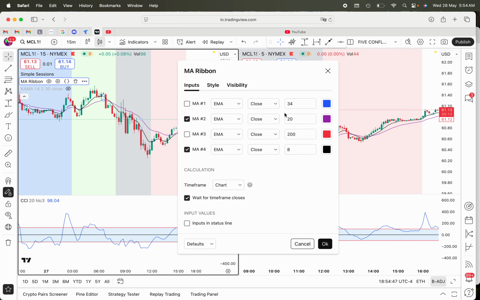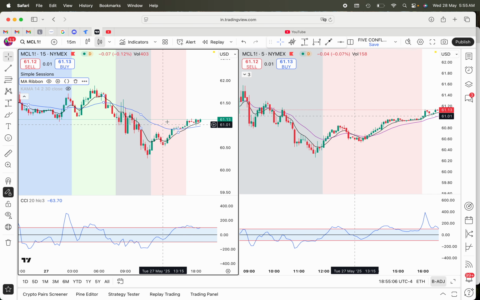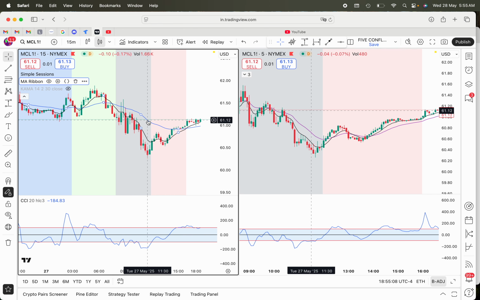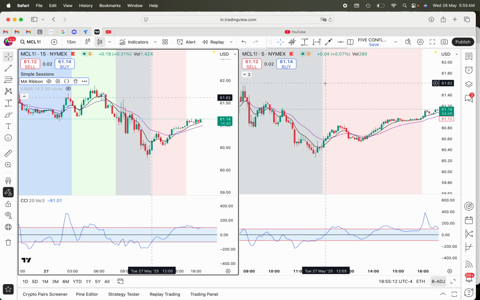Sometimes I might fluctuate to a 34 EMA just to get a longer view. Forget the 200. I might actually put this to a 50, and then I might just quickly turn it on and see what the 50 is doing. That's how I use these things. On both charts there's a 20 EMA and an 8 EMA.